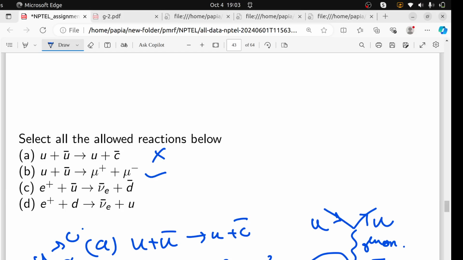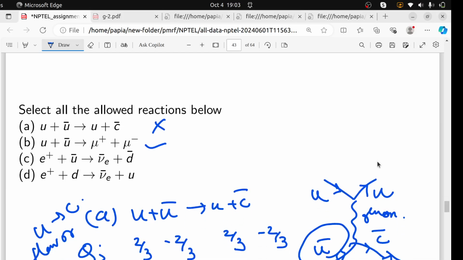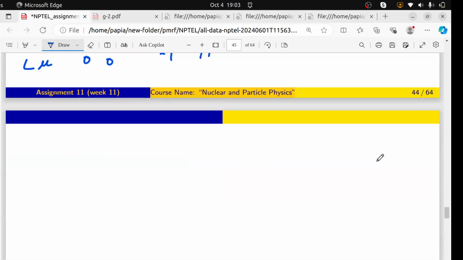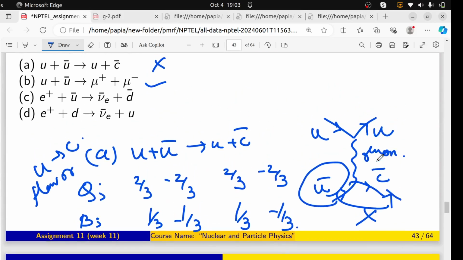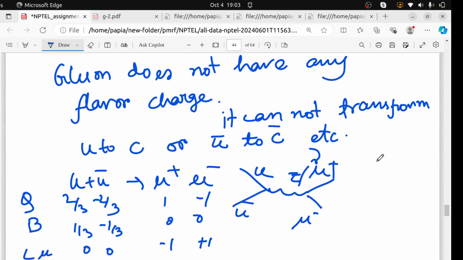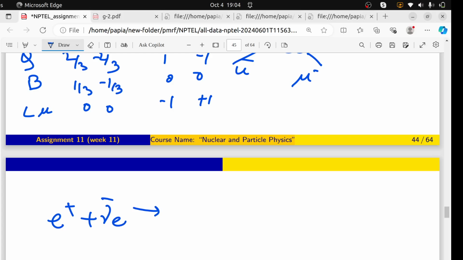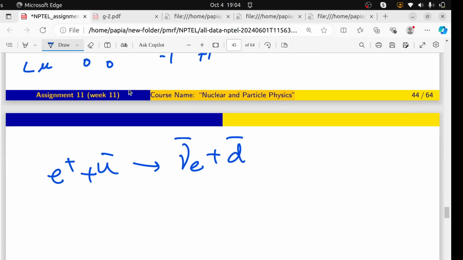Now E plus U bar going to mu E bar D bar. Check the charge first.